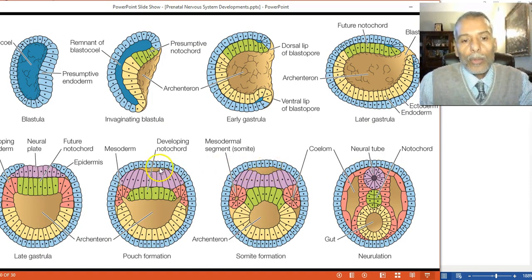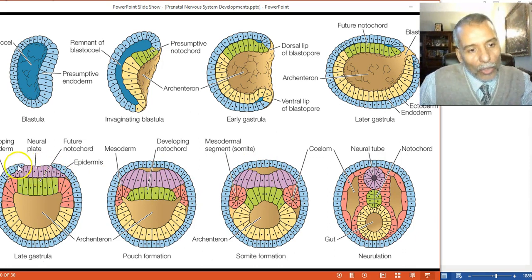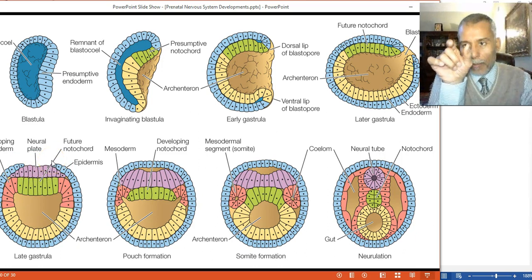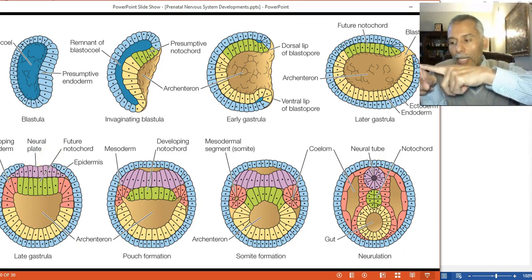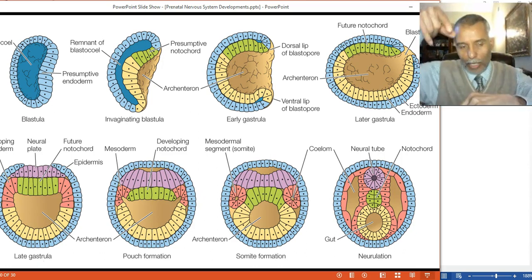So you start to have a little margin that is flat, and it goes from the beginning to the very end of the embryo, the back of the embryo.